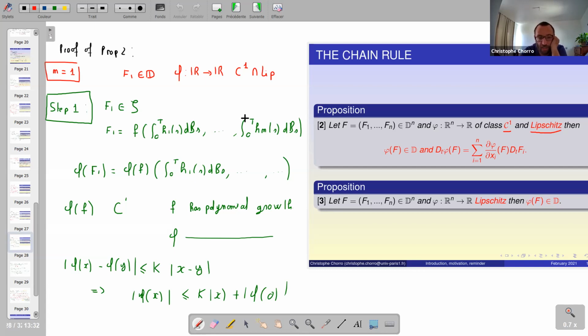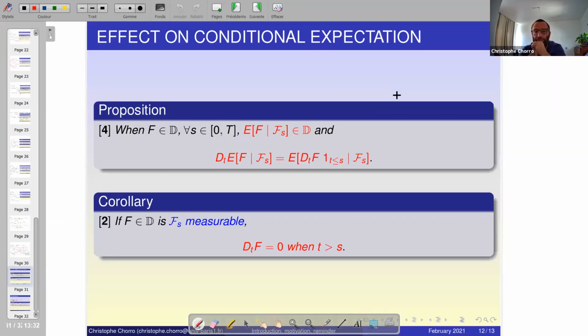Okay, so let's conclude quickly with two last results. This one tells you the following. If I have a random variable f in the domain of the derivative operator, then if you consider the conditional expectation of f given F_s, you have something that is still in the domain of the derivative operator.